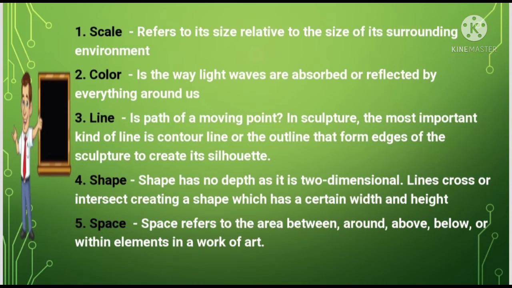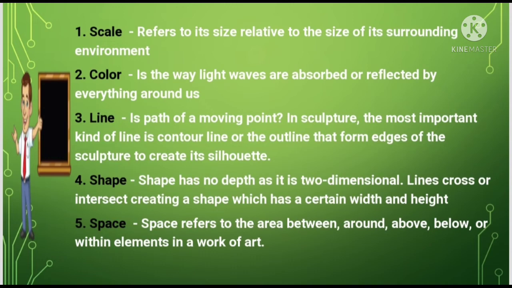Color is the way light waves are observed or reflected by everything around us. Napaka-importante yan, kulay. Line is part of a moving point. In sculpture, the most important kind of line is contour line, or the outline that forms the edges of the sculpture to create its silhouette.